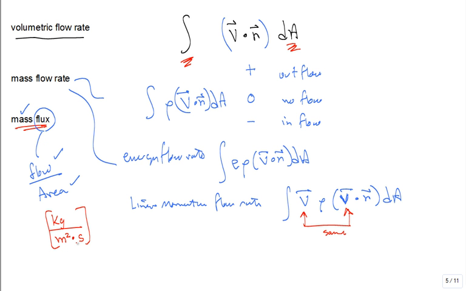What is my mass flux from some of these terms that I've been introduced to? Is this mass flux equal to rho V dot n? Or is it rho V? Or is it rho V dot n dA?